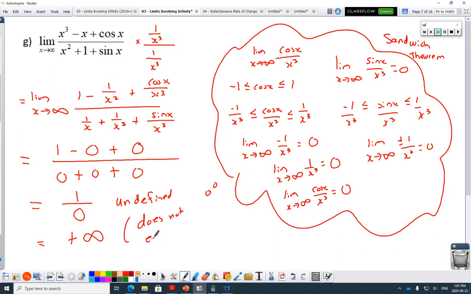And maybe now you get why some profs say, no, infinity does not exist. You can't have a limit to infinity. But we know what we're talking about when we say limit to infinity. We know what we mean. We mean this, yeah? Right here. We do understand what we're talking about when we say that. And that's why we put this infinity in brackets sometimes.